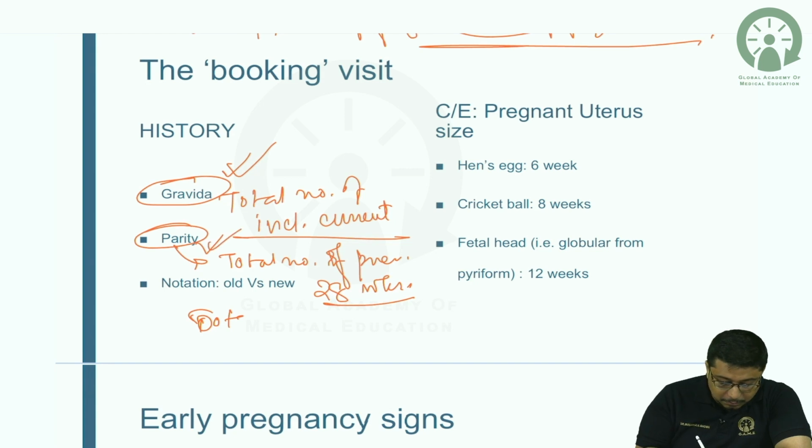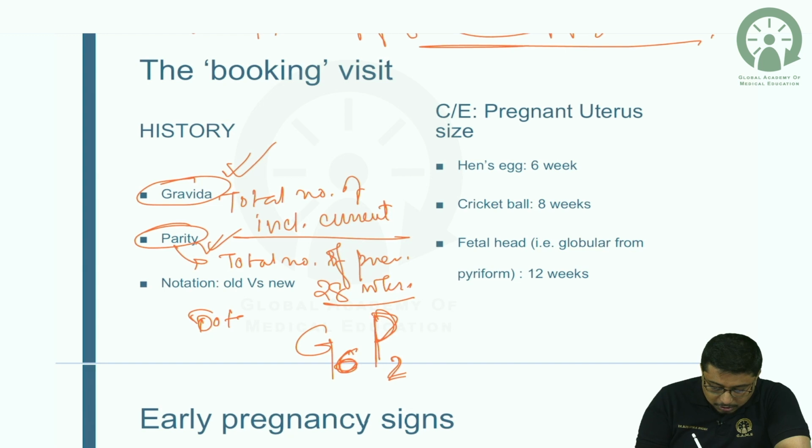Okay, so if somebody had 5 pregnancies in the past, delivery plus abortion, total 5 pregnancies in the past, and this is her current pregnancy, then it becomes G6. Whereas if among those 5, only 2 of them crossed 28 weeks, then it becomes P2.